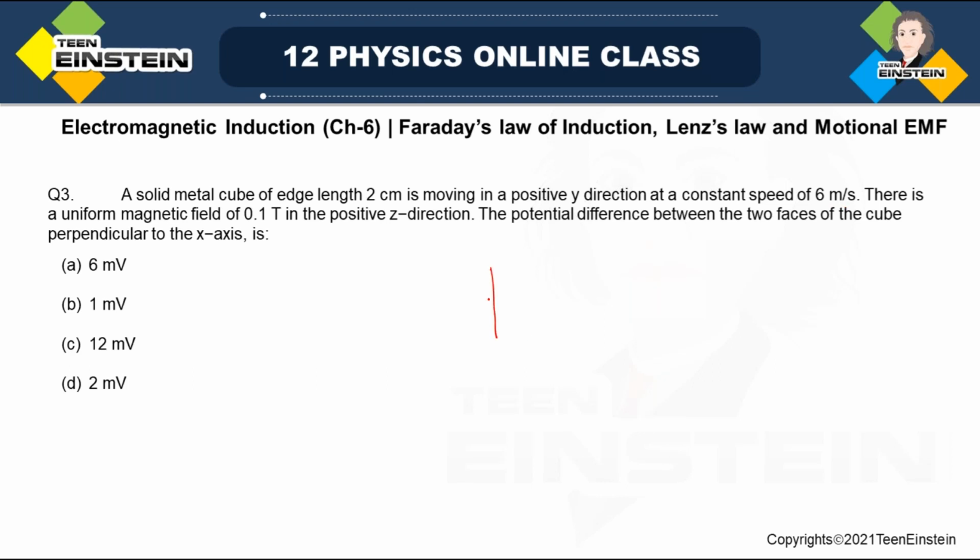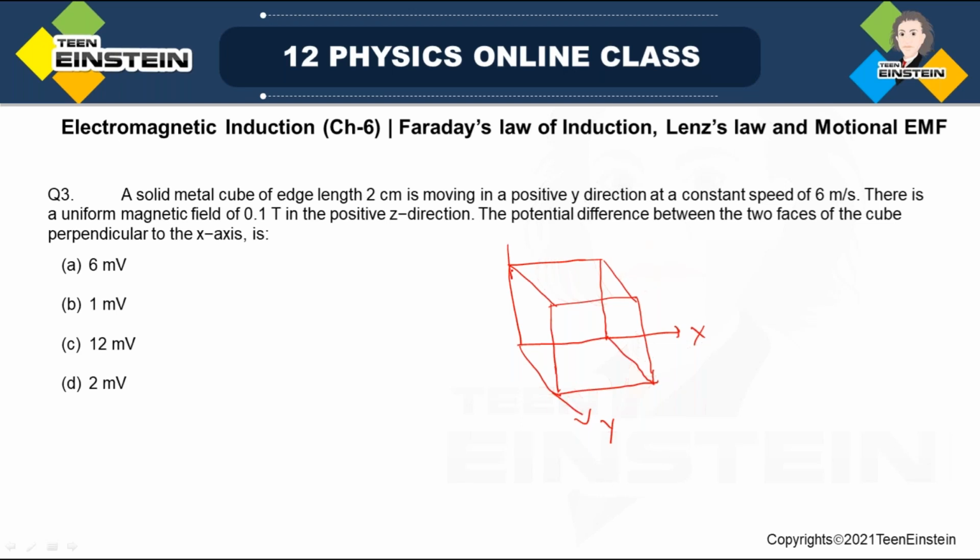Let us try to draw a metal cube. Let us imagine this is the x-axis, this is the y-axis, and this is the z-axis. A metal cube of edge 2 centimeter each.